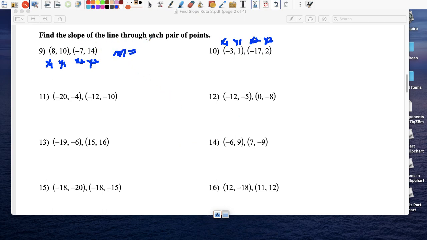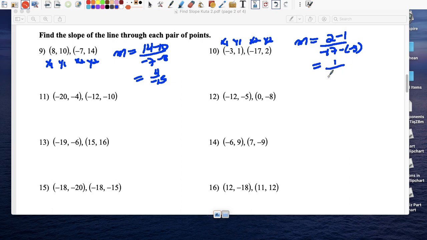It's y2, so 14 minus 10 over negative 7 minus 8, and we get 4 over negative 15. So the first one, the slope is negative. Second one is here, 10. It's 2 minus 1 over negative 17 minus negative 3. And that's going to give us 1 over negative 14.